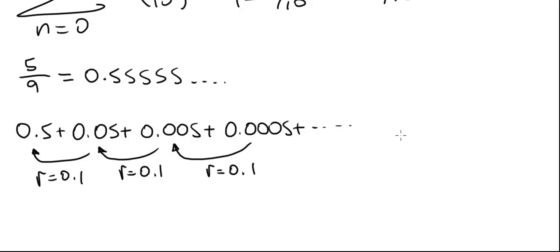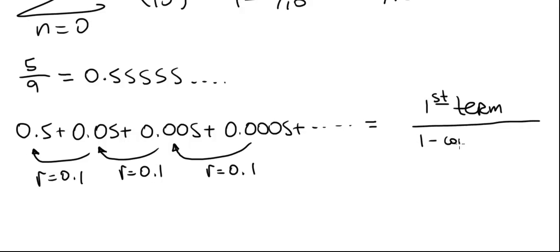and you cannot apply this technique. But once we establish that this is a geometric series, which a repeating decimal is, then as long as r is between -1 and 1, the sum will equal the first term in the numerator, and in the denominator, 1 minus the common ratio.